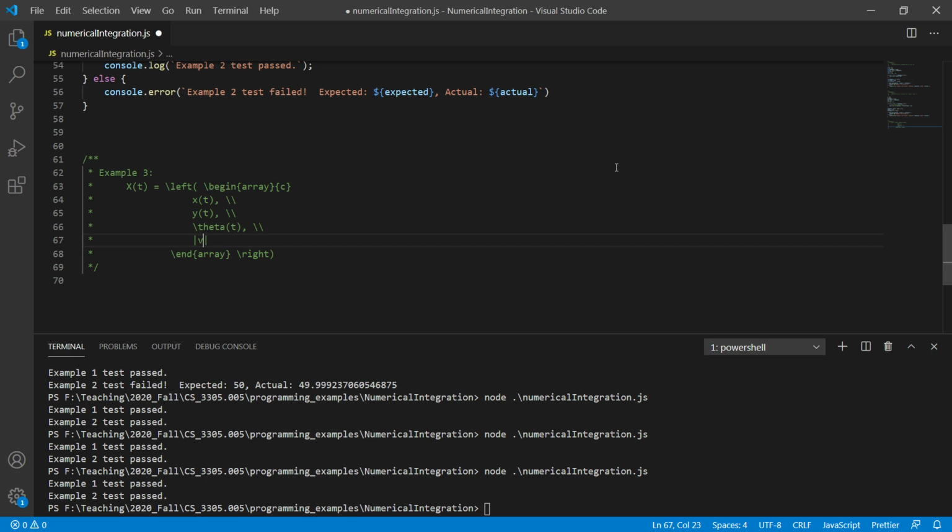And the fourth value is the speed, or the absolute value of the velocity. And then the derivative of this is going to be done component-wise.